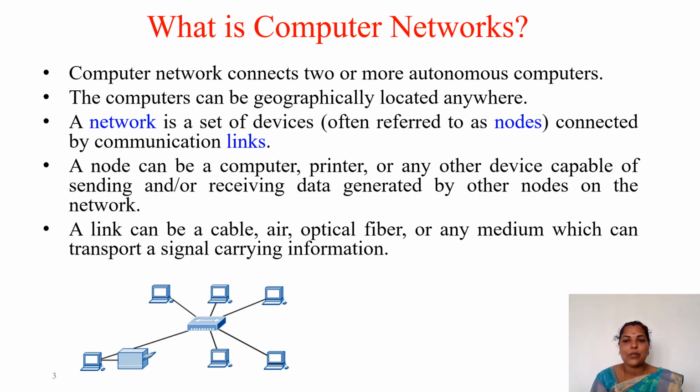A set of devices, that is nodes, are involved, and they are connected through a communication link. If it is wired communication, some wires are there. Or wireless communication, some form of wireless communication link is available. Later on we can learn what transmission media are available to connect the devices. So how are we connected?